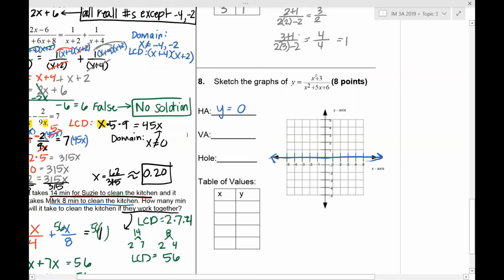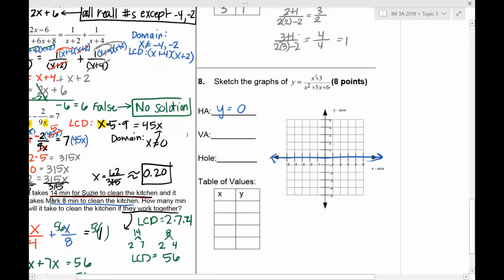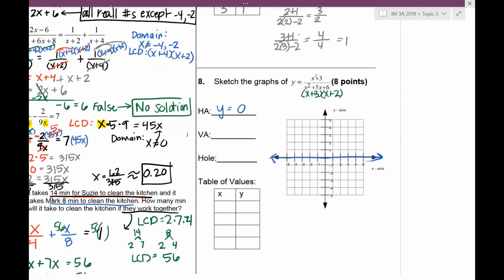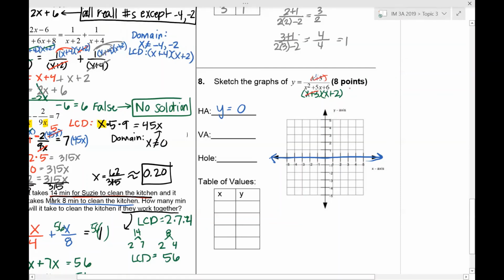We need to factor the denominator to determine if there are any holes and vertical asymptotes. So if I have x squared plus 5x plus 6, two numbers that multiply to 6 and add to 5 are x plus 3 and x plus 2. Because this simplifies, I have an x plus 3 in the numerator that will reduce with the x plus 3 in the denominator. I want to think about this as 1 over x plus 2 instead.